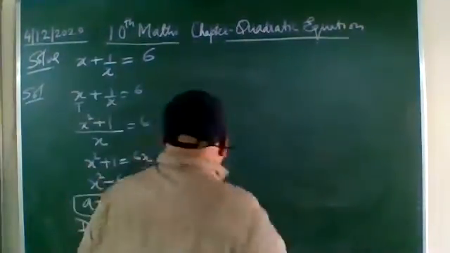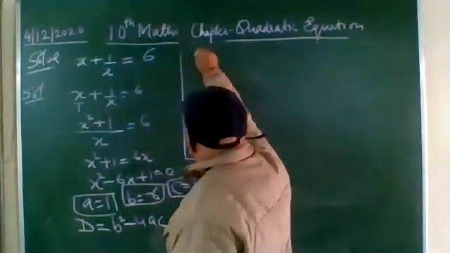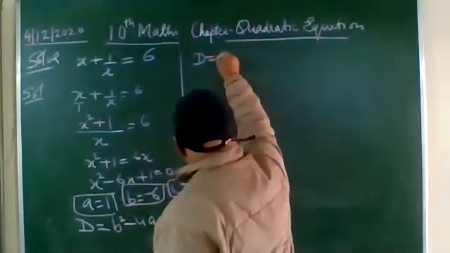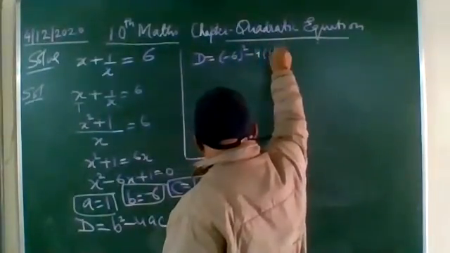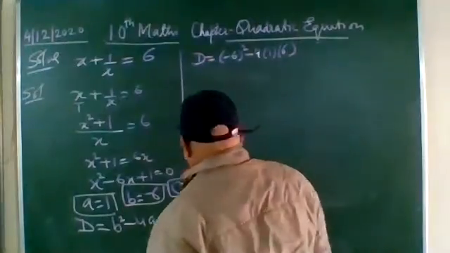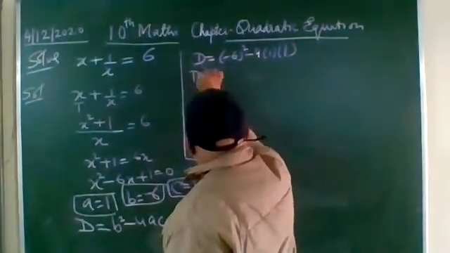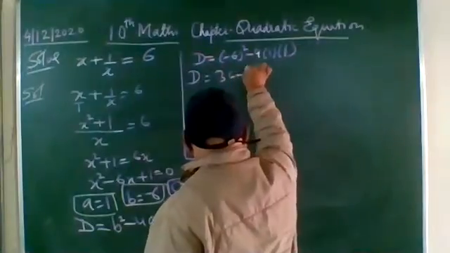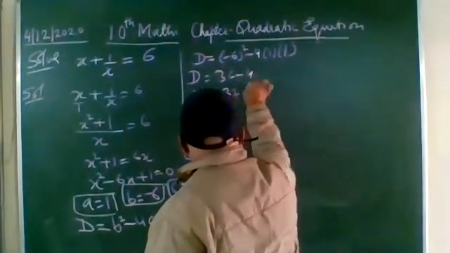Now the value of d is what? Minus 6 whole square minus 4 into 1 into 1. Sorry, c is 1. So d is 36 minus 4, and d is 32.